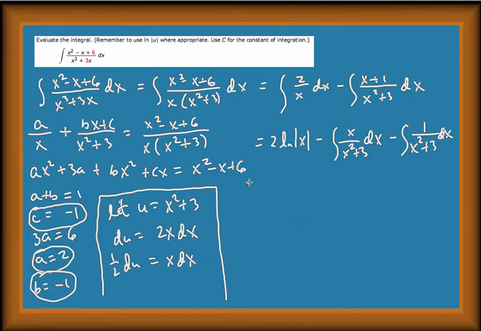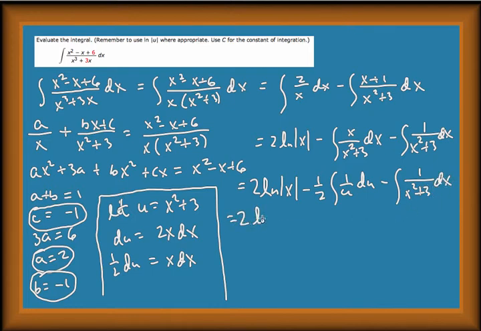So the first one then is just going to be 1/2 the integral of 1 over u du. And then we still have minus our integral of 1 over (x squared plus 3) dx.